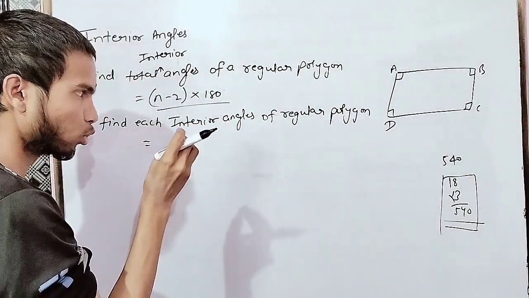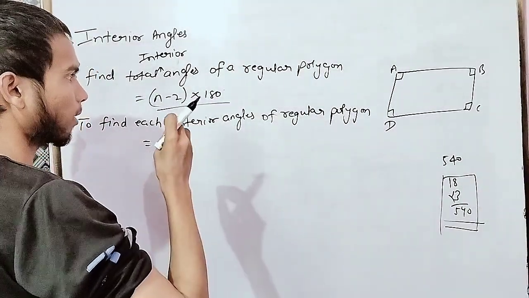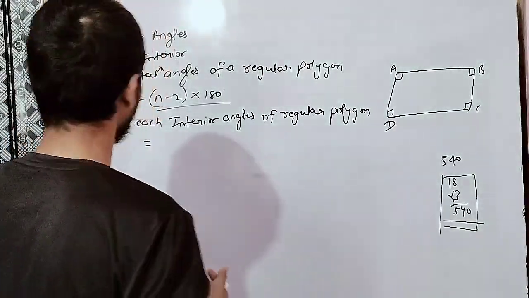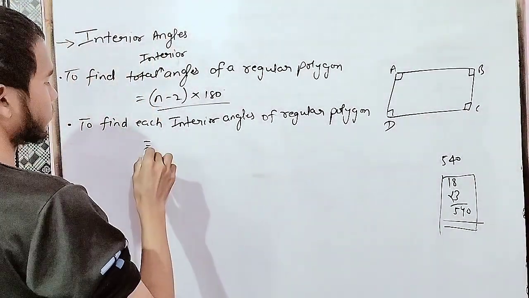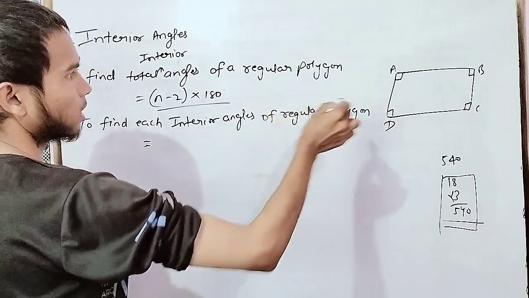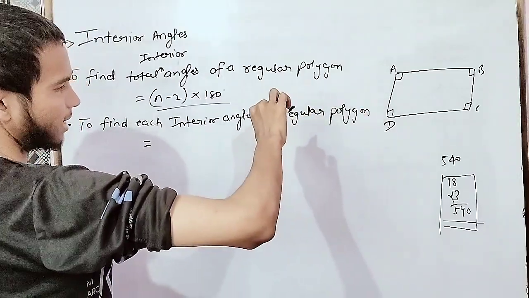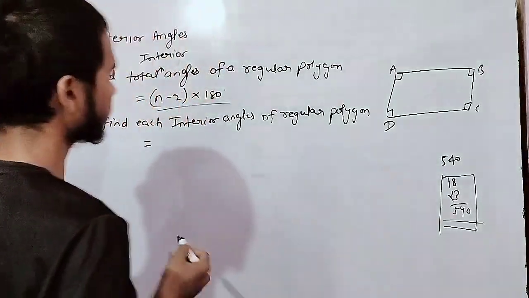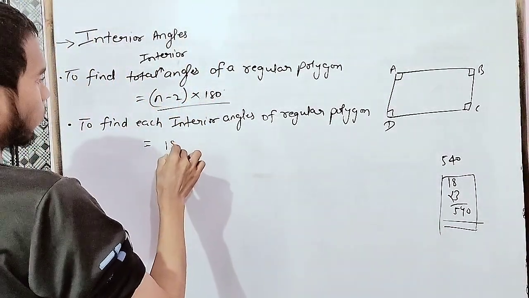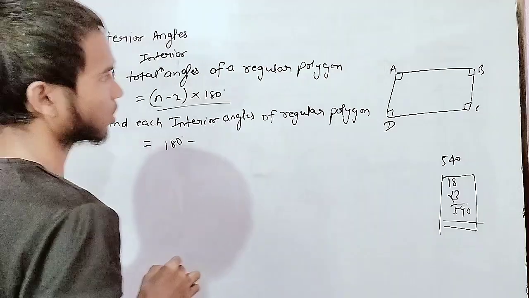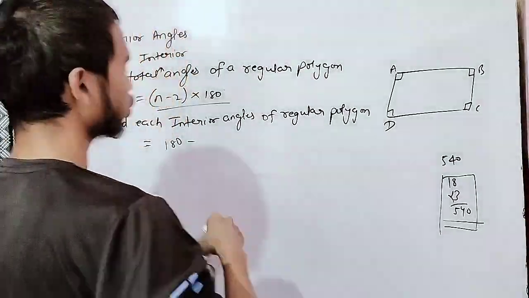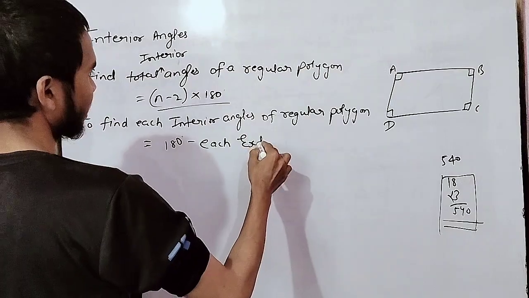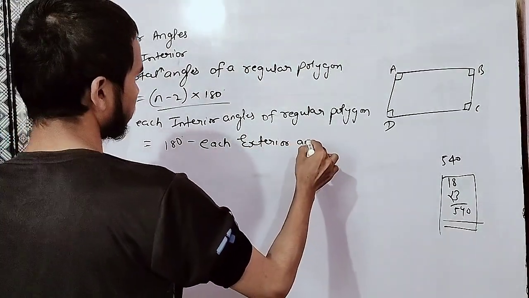Here you will observe that we can apply our linear pair formula, which means we just subtract: 180 minus each exterior angle.